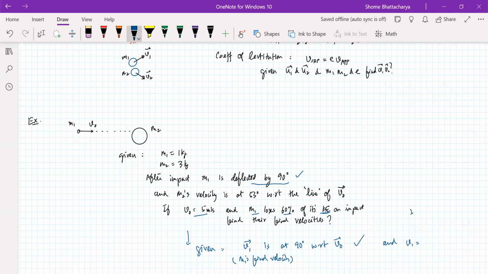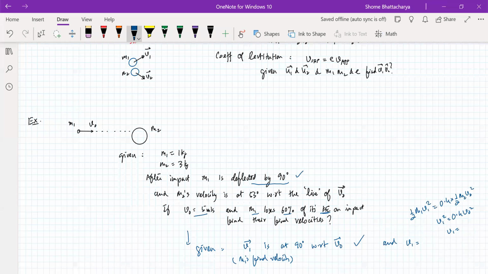So half M1 V1 square will be equal to 40%, so that is 0.4 of half M1 V0 square.